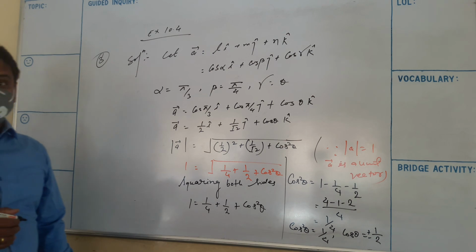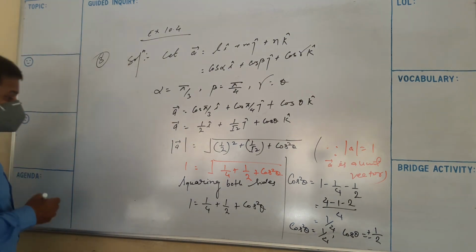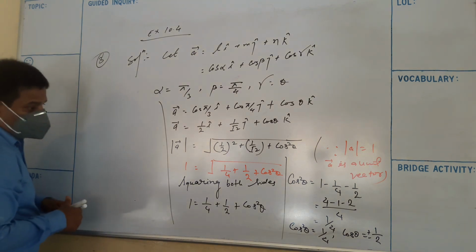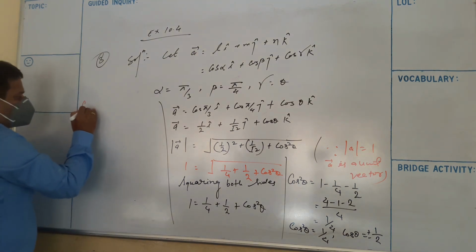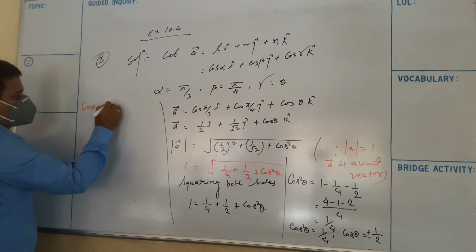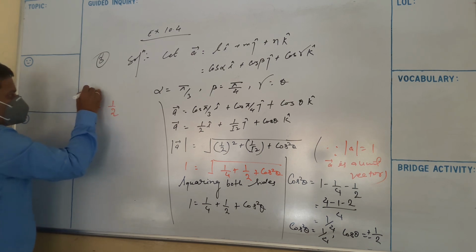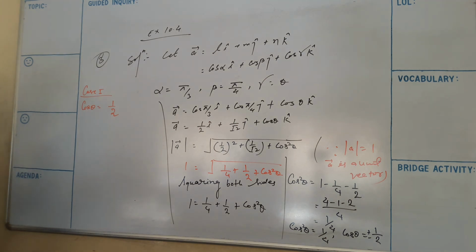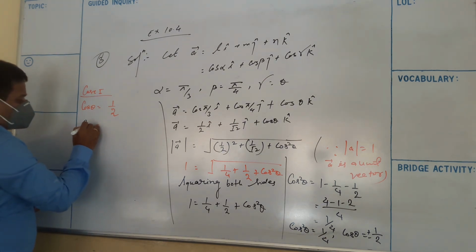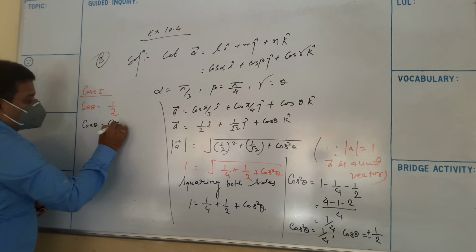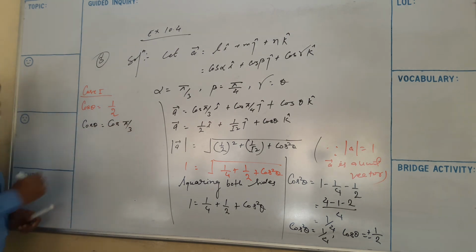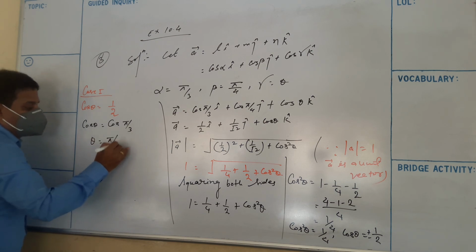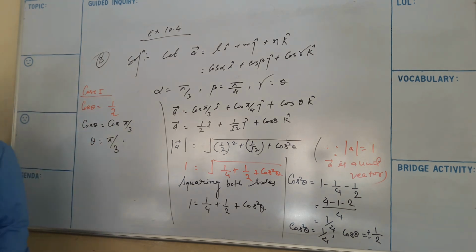So if theta is an acute angle, okay? So cos theta is equal to 1 by 2. Clear? So cos 60 degree is how much? 1 by 2. So theta is equal to how much? Pi by 3. Clear? Got it?